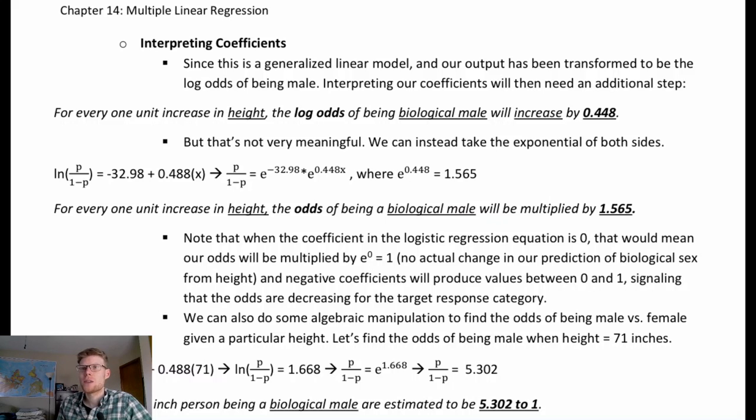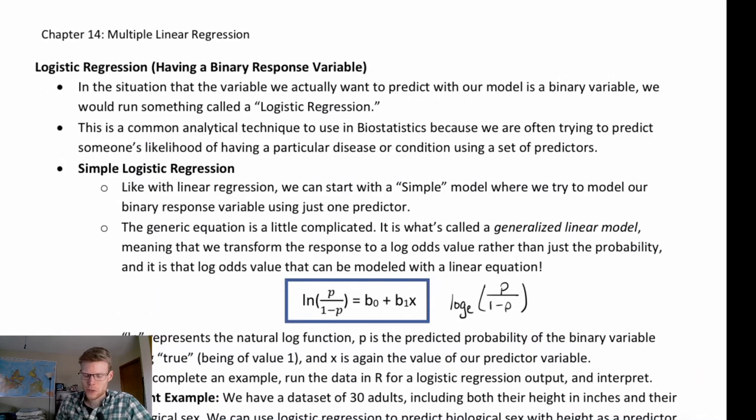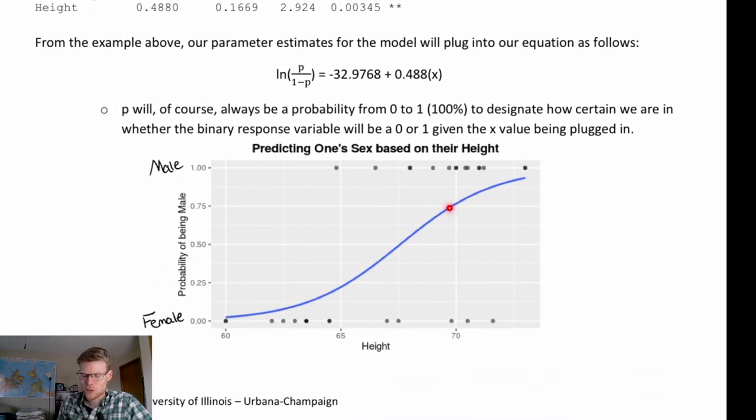But the thing is, this odds increase is not linear, right? It's not just some additive value for every height like it was when we were doing linear regression before. Because actually what's going on is the change in odds, the change in probability as well, is not a line here, but instead it's going up less and less as I increase height. So this is not just an additive increase in likelihood as height goes up.